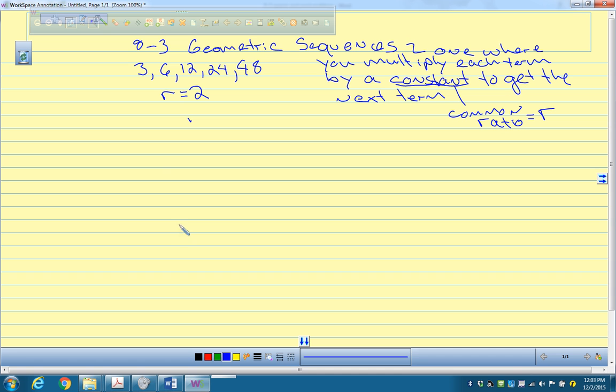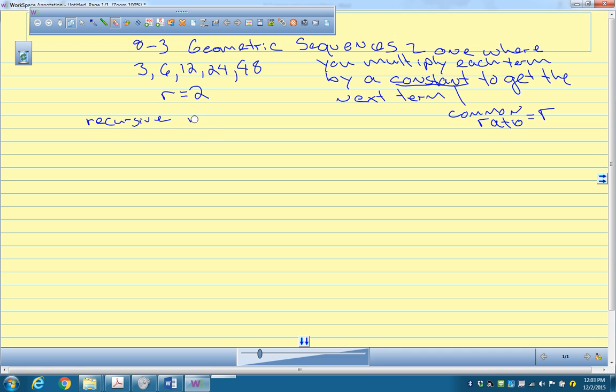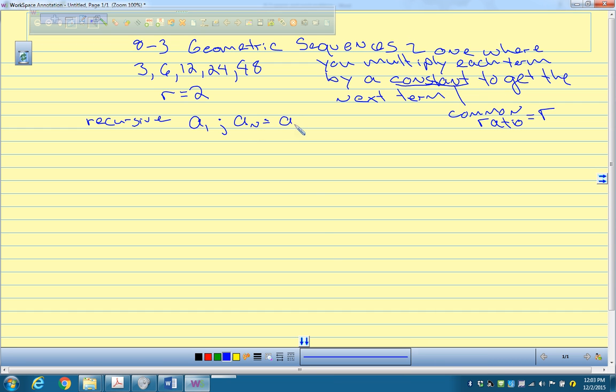And a way you can define this recursively, the recursive definition of a geometric sequence, is you have a sub 1, and then a sub k is equal to a sub k minus 1 times r. Sorry, I messed up; I was thinking of the explicit definition.